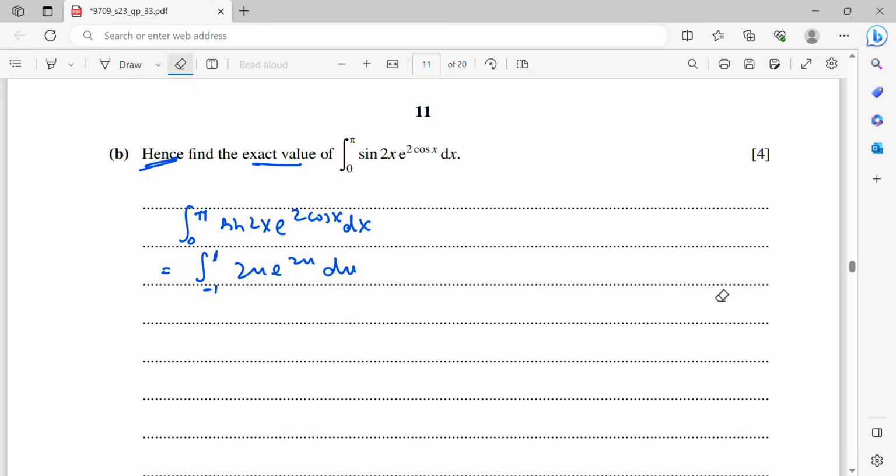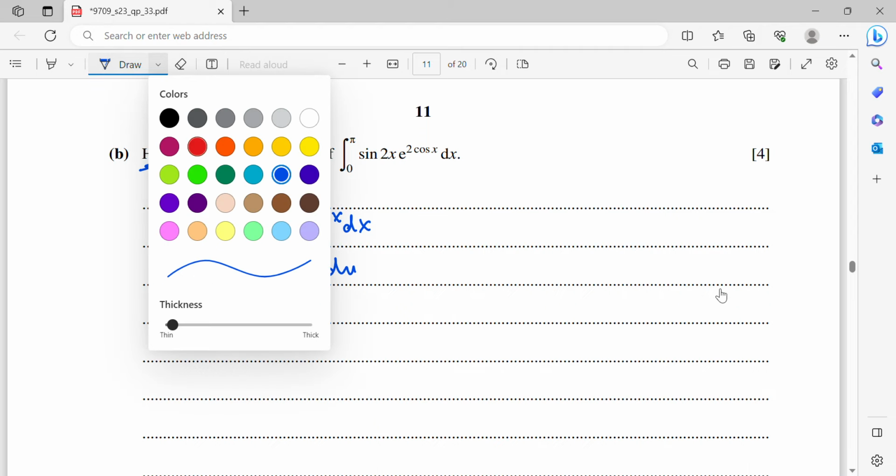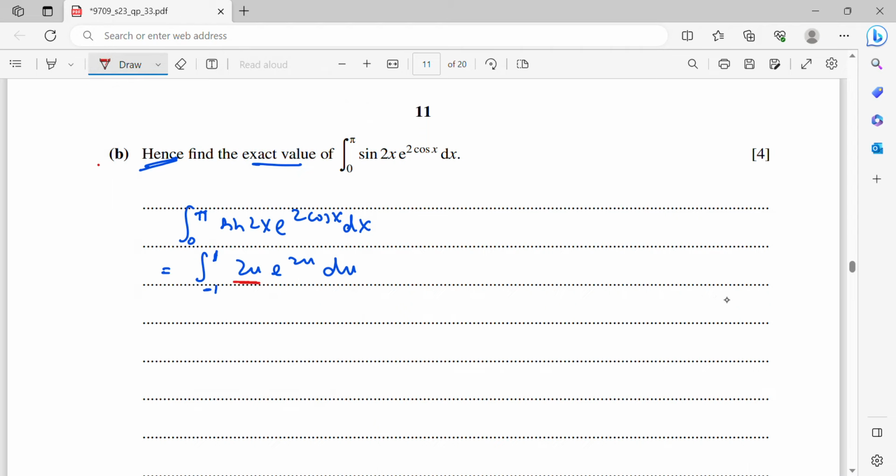Okay, so when you look at this integration, the first term is 2u, the second term is e to 2u. So we can integrate this using integration by parts because it is a multiplication of two terms.